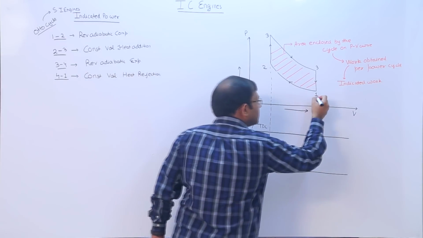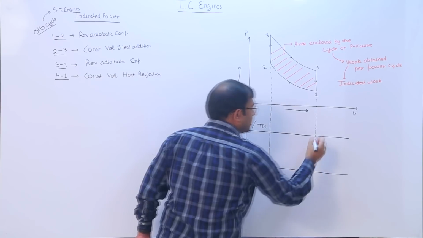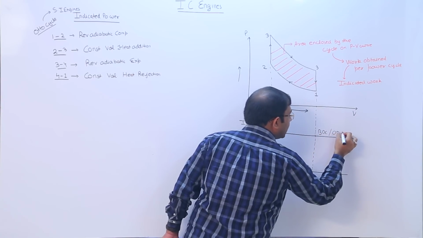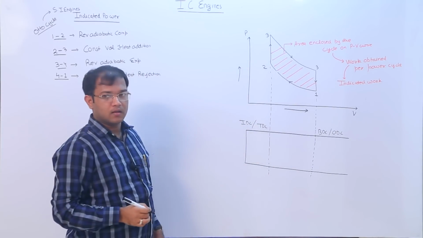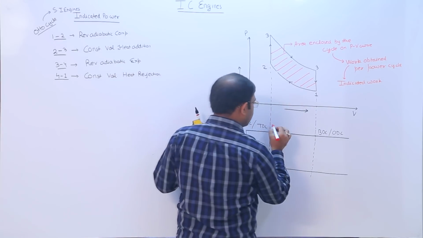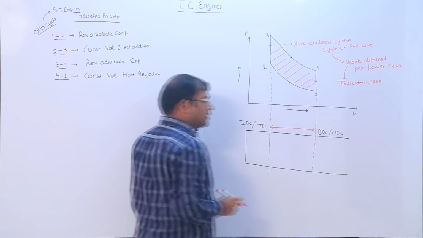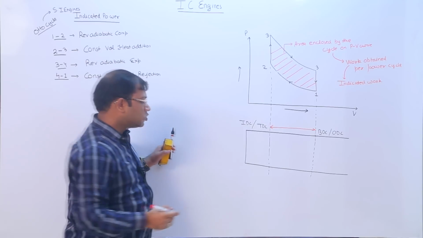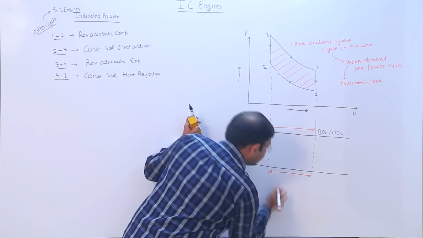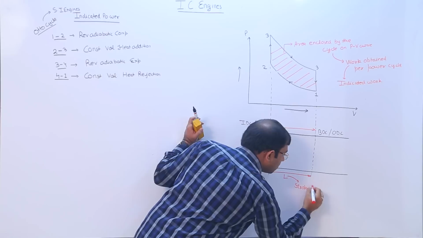And if I extend this line, this can be visualized as our bottom dead center or outer dead center. Is it okay? And what we are seeing is that the piston is reciprocating between top dead center and bottom dead center. So this length becomes L, and it is known as your stroke length.